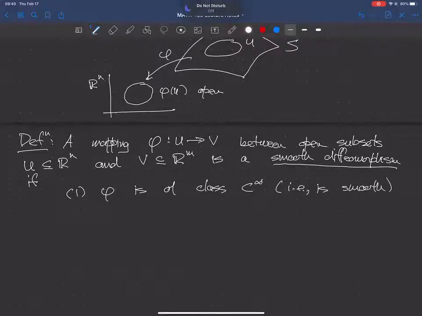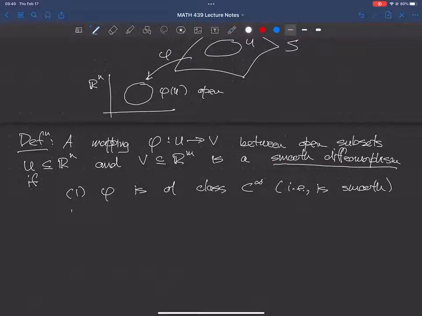Okay, so class C infinity, of course, means it's infinitely differentiable. And as a synonym for infinitely differentiable, we'll use the word smooth. So whenever I say smooth, I always mean infinitely differentiable. So you could say this is a C infinity diffeomorphism, a smooth diffeomorphism, just as you wish.